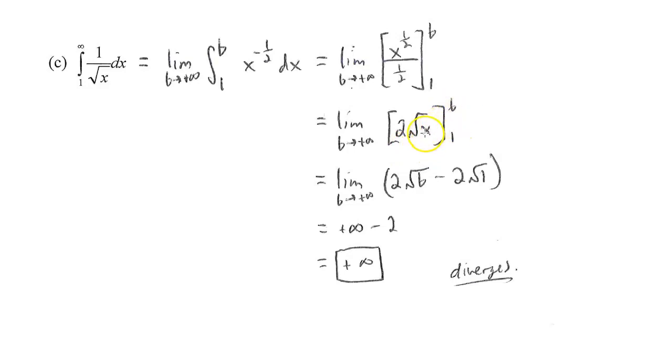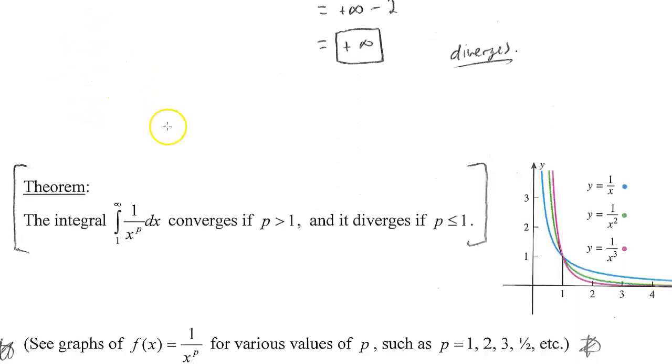If we plug in b for x and 1 for x and subtract, this part just ends up being 2, 2 times the square root of 1. But then we have 2 times the square root of b, and as b approaches infinity, the square root of b will also approach infinity. So again, this integral is infinity, or in other words, the original integral diverges. The area underneath that curve from 1 to infinity diverges.